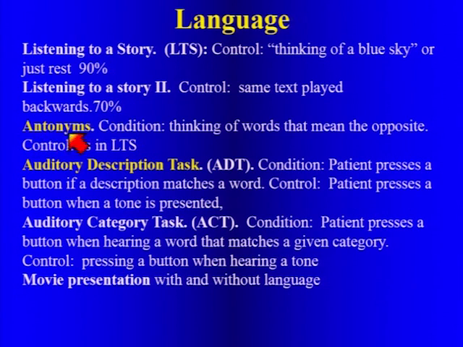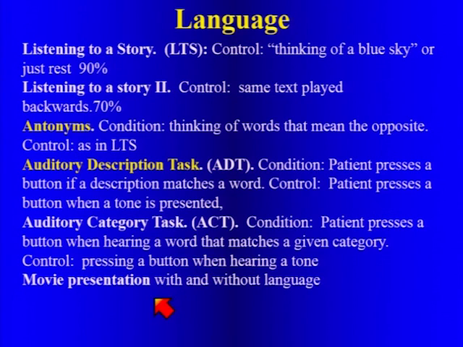And in the older children, antonym production, they think of words that mean the opposite, and the control is quiet. Or an auditory descriptive task where they press a button when the sentence that's presented matches a true word, and then the rest stage is they press the button when they hear a tone.